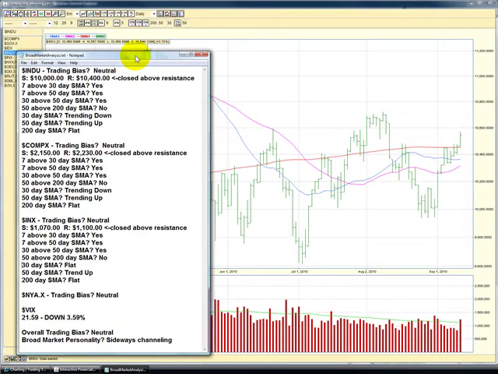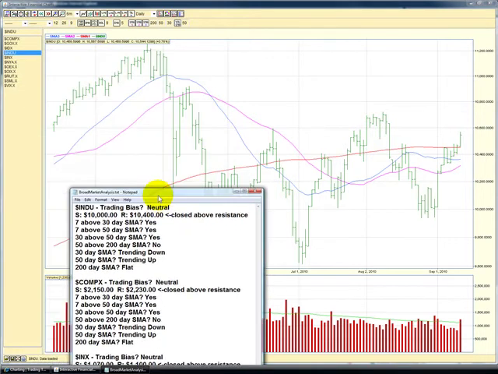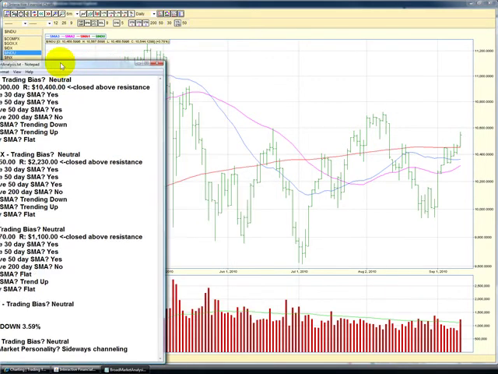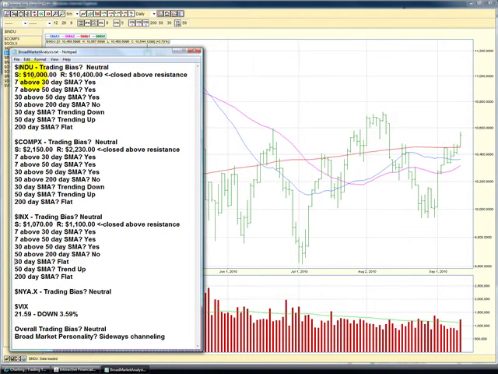Okay, so we are clearly now above 10,400. We have a complete open-high-low-close bar above there. So we're going to switch our support and our resistance from 10,400 to 10,650. We'll get rid of this message right here.